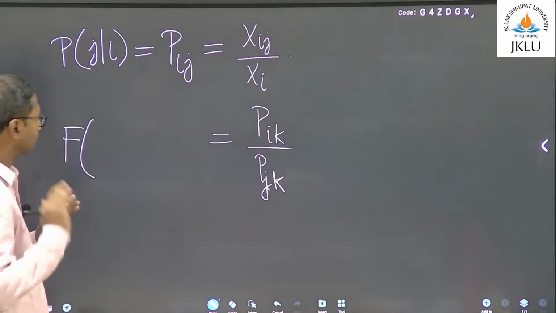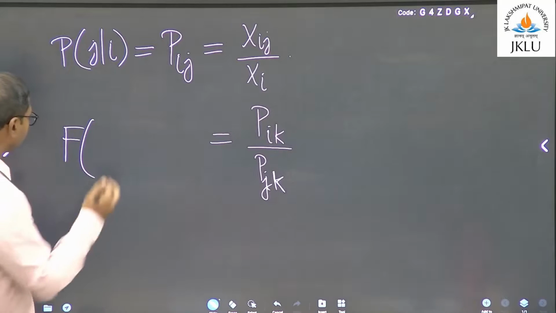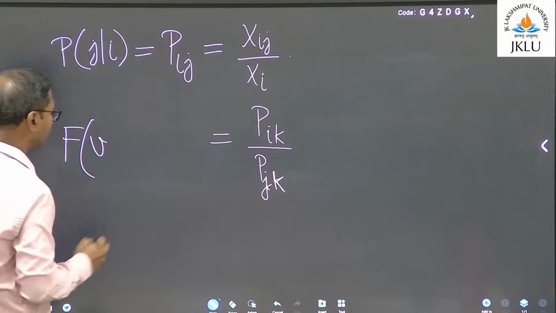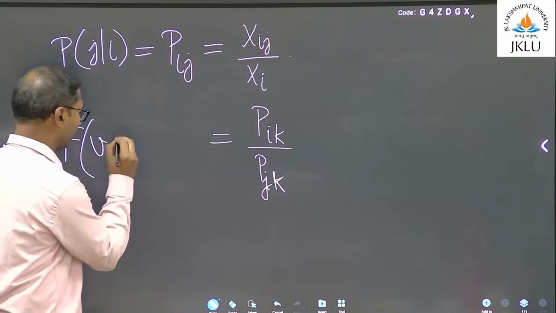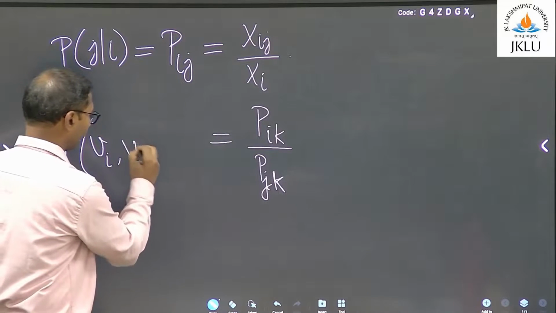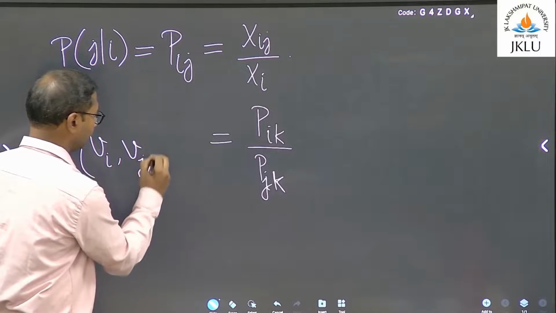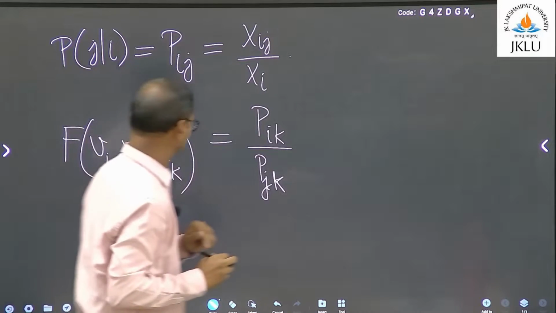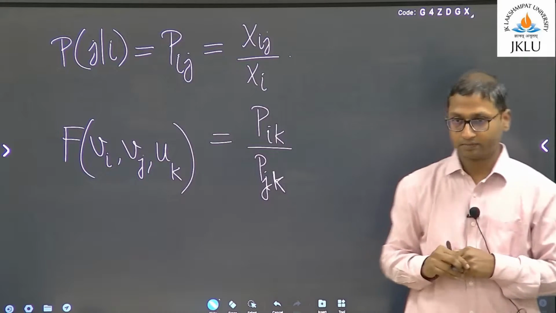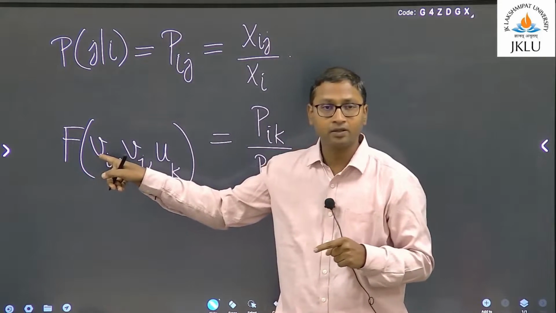So you need to pick one of the two. Now V of I, comma, V of j and U of k. Does this make sense? Why V of I?